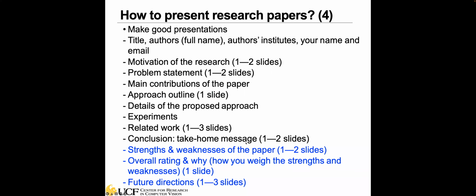Especially the weaknesses, which we can discuss during class, and other students can participate. After reading the paper, what do you think? Maybe there are other weaknesses the presenter doesn't mention. Those are the things we can discuss in class.